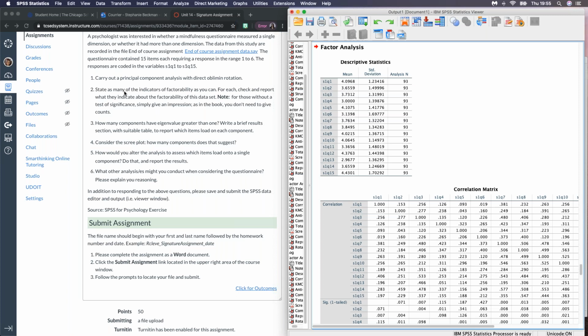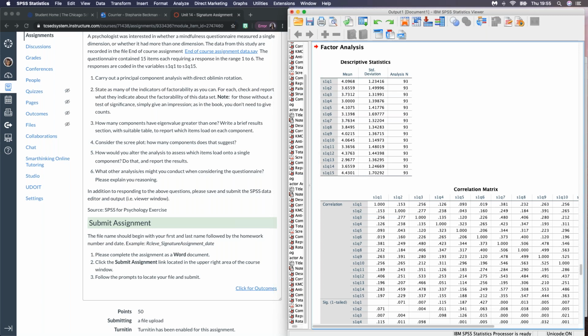Then my next heading is indicators of factorability, then eigenvalues greater than 1, and then results, just to make sure that I'm addressing all of these questions. Even if I repeat stuff, I do it to make sure I'm getting everything.